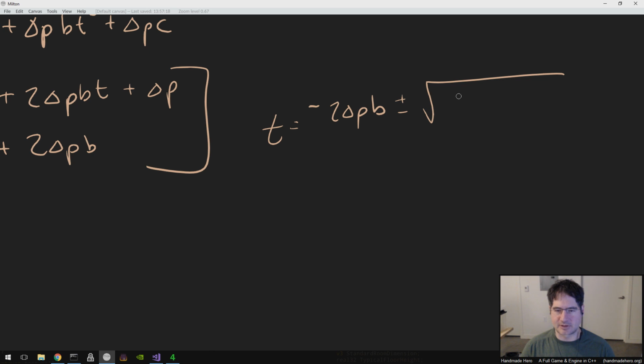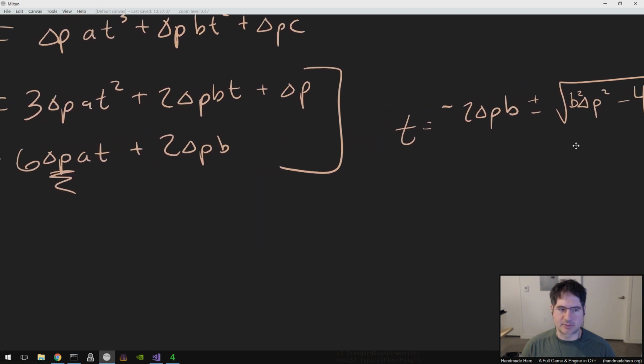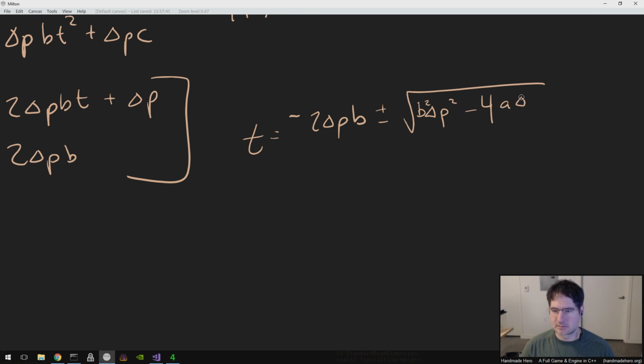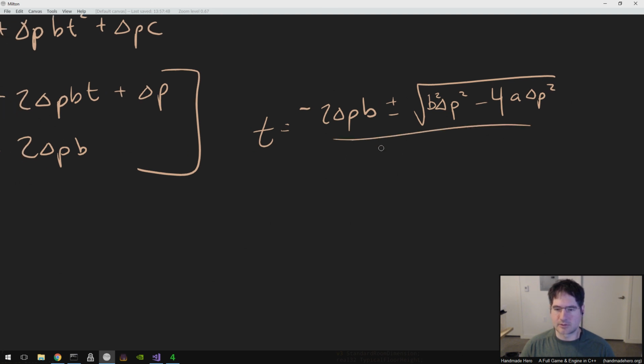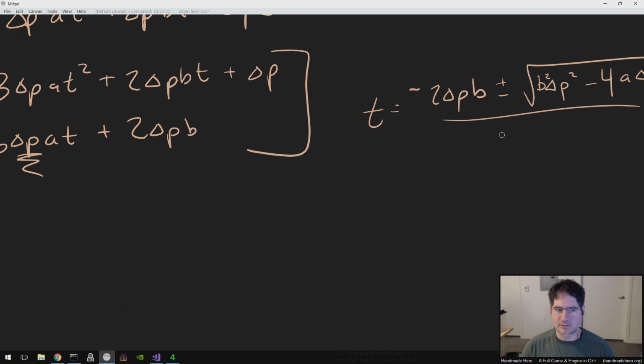So you would end up with a delta p b squared, minus 4ac, so you'd have delta p a, or a delta p, c is just delta p, so it'd be, again, a delta p squared in there, over 2a, so 2a delta p.